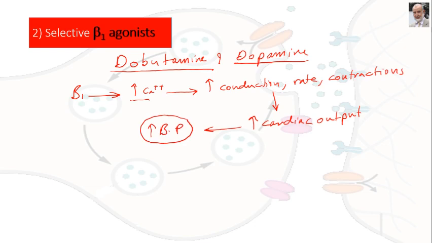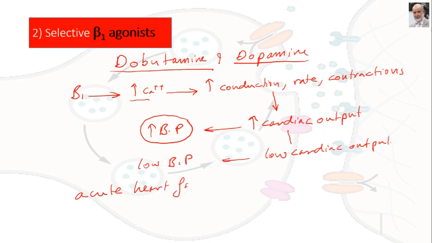So in this case, we can say that dobutamine can be used in cases where there is low cardiac output accompanied by low blood pressure, as in the case of acute heart failure.